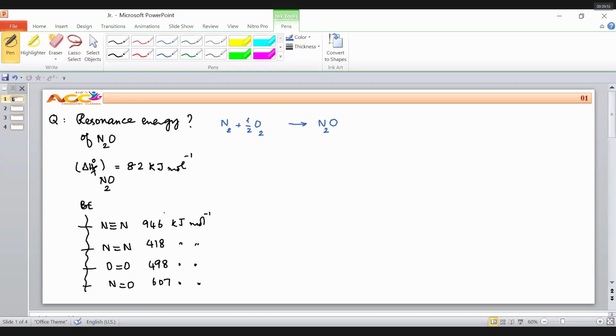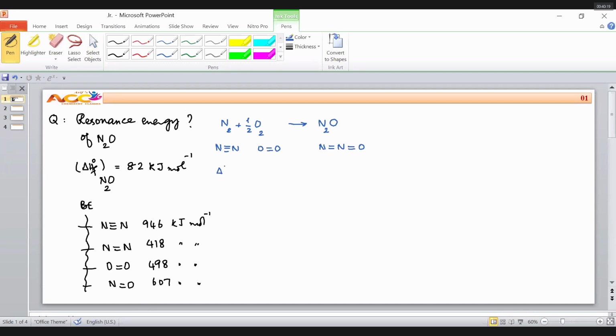And since the data is all bond energy, I will try to express it in terms of the bonds available here. This is the way of writing the bond energy. And there is a help here. See the triple bond, double bond, double bond. Everything is available. So it means we are going on the right path.